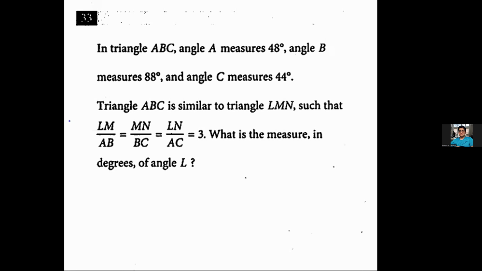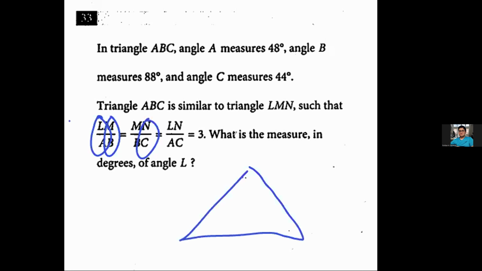Okay, so for question 33, we have two triangles, and we're asked what is the measure of angle L. Well, we know that L is A, M is B, and N is C. That's how you figure it out. You could actually use the trig identities, but because of how these are written, it's kind of obvious.